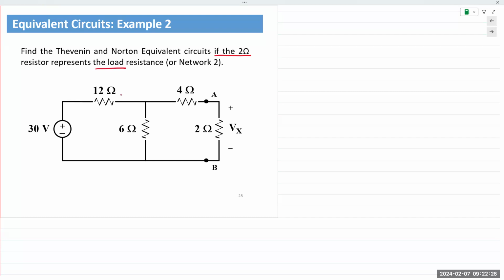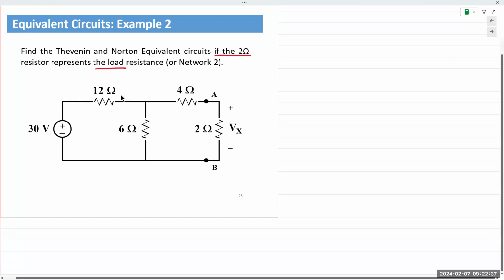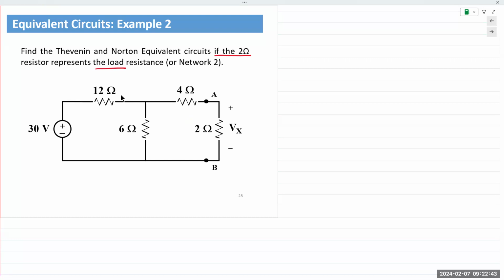So we did not have to remove that load or the second circuit. In this case, the problem statement states that the 2 ohm resistor is the load or the follow-on circuit. And so when you read that sentence, you have to remove that component from that circuit before you begin your analysis. That component should not be part of your analysis.